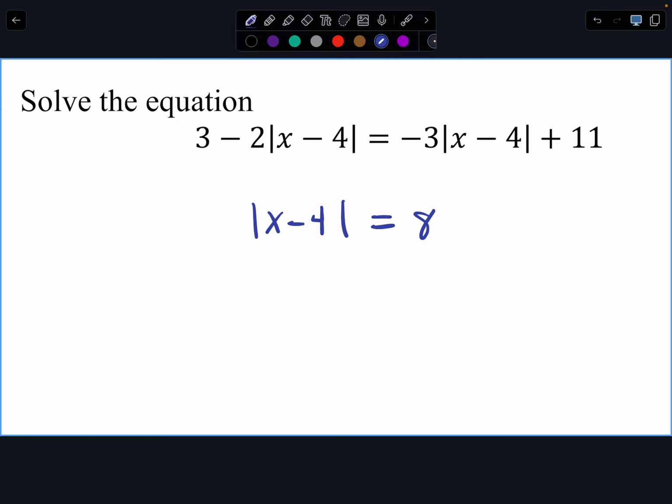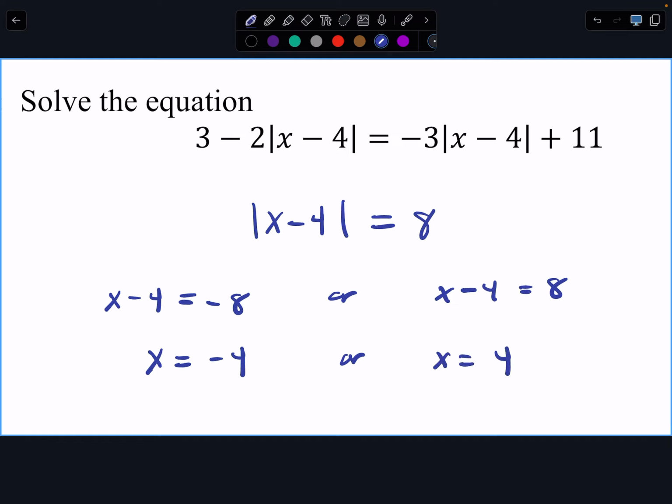So then to make this a true statement, either x minus 4 would be equal to negative 8, or x minus 4 is equal to positive 8. So x would be equal to negative 4, or x would be equal to positive 4.